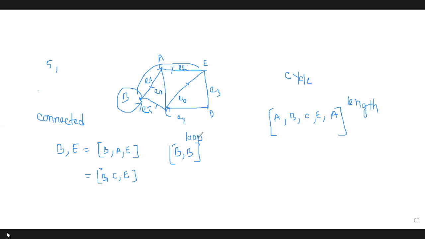So there are three types of paths. One is simple path, where all the nodes are distinct in that path sequence. Another is cycle, where the starting node and the end node are same, but between these two nodes there can be some other nodes. What is loop or closed path? The starting node and the end node are same, and there are no other nodes between these two nodes.